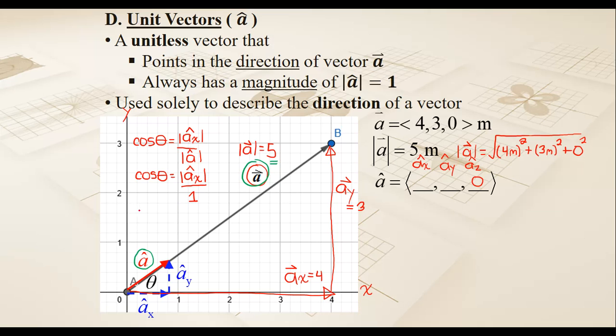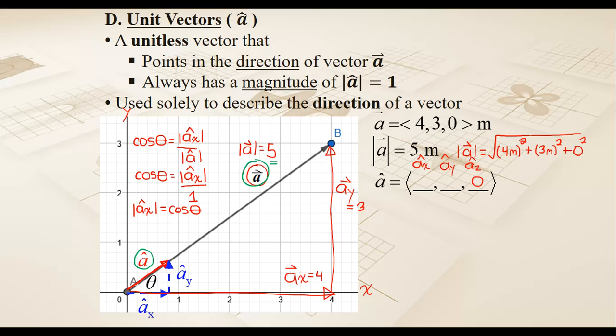So this tells me that the magnitude of the x component of the unit vector would just be equal to cosine of theta.